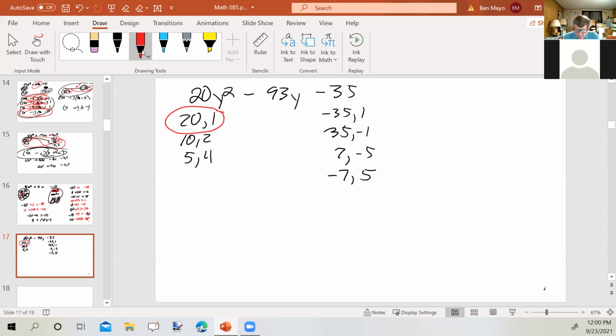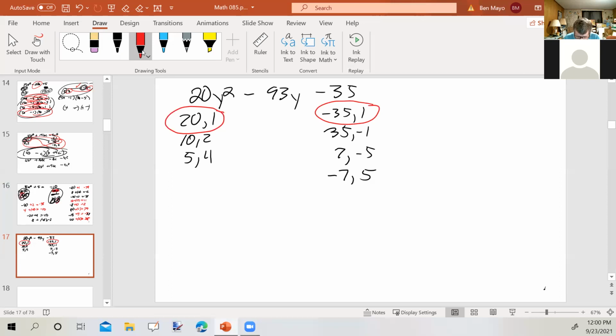Okay. I'm looking for negative 93. So I'm looking at the top one on the left, and the top one on the right. 20 times negative 35 is huge. 1 times 1 is 1. Negative huge plus 1 is not going to be negative 93. It's negative 700, I think.